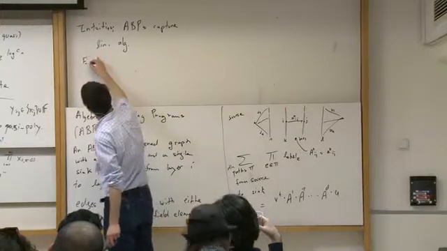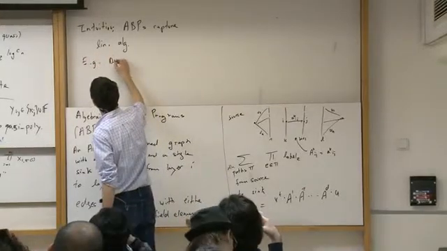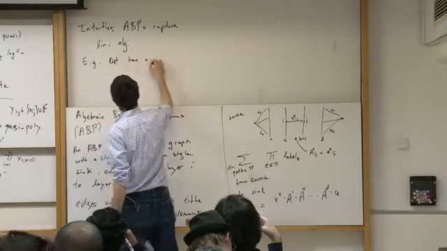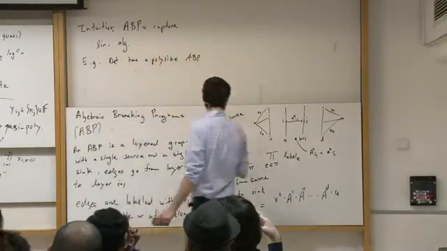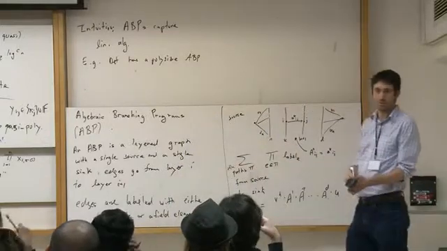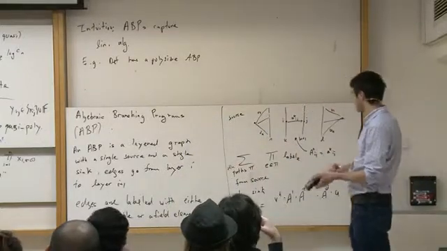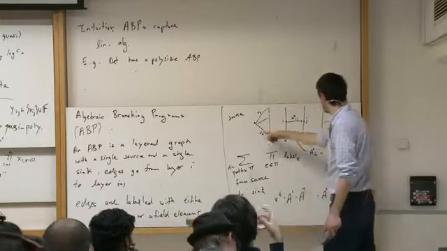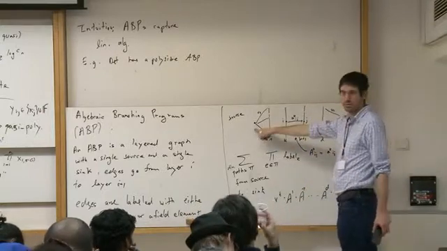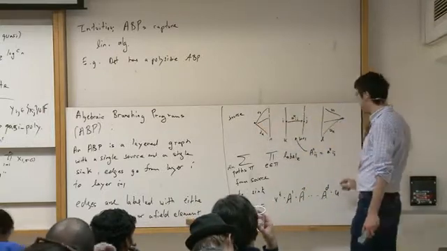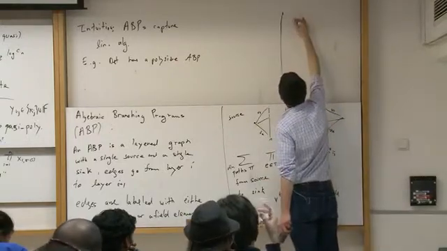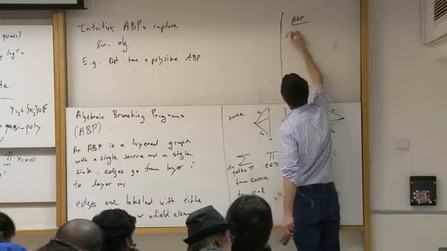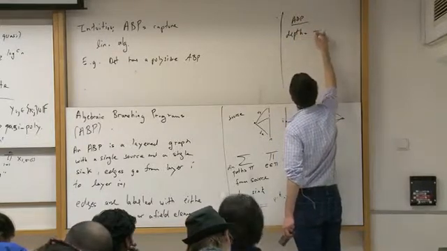For example, that has a polysize ABP. I haven't defined size, etc. So what are the important complexity measures? We have depth, which is the number of layers, basically.